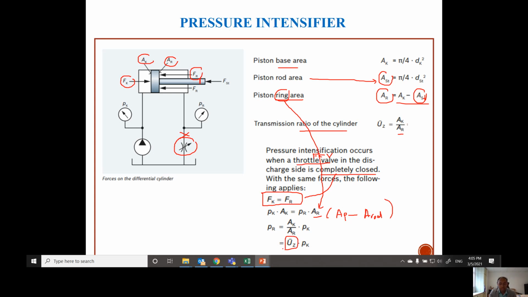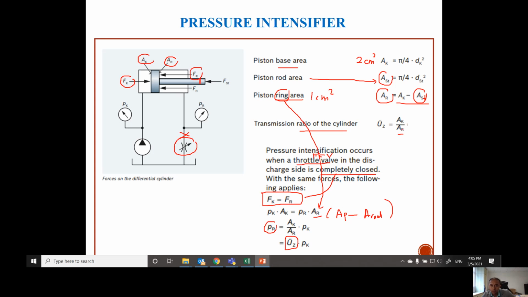So from here you can see that for a certain value of PR, you can have amplification or multiplication of pressure when you multiply with the ratio here. Okay. By right, let's say AK, the area is 2, let's say 2 cm squared. Just imagine 2 cm squared, and then the area of the rod, the ring area, is 1 cm squared.